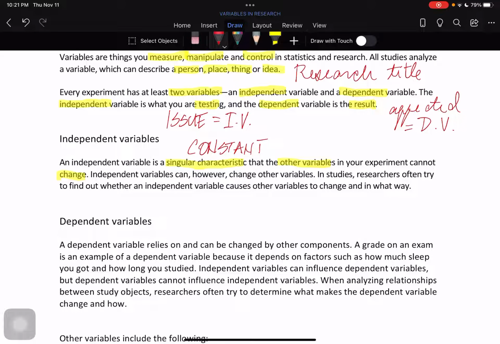From its characteristic of being independent, it is constant and other variables cannot affect the independent variable.